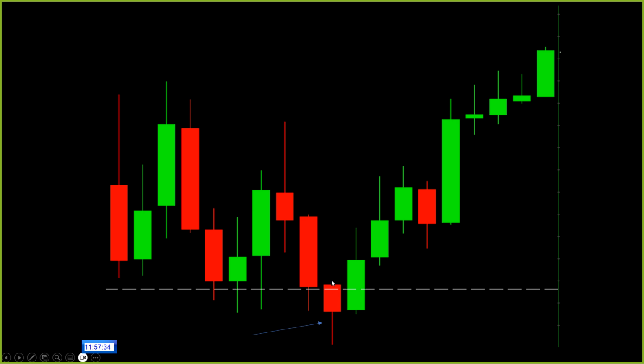Now, we haven't closed back above it yet. But you look at this candle, it does not make a lower low. It actually makes a higher high, which triggers an entry for our reversal. Right there. That's what we're looking for.